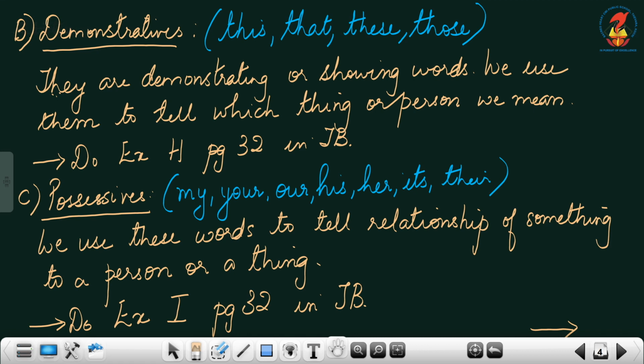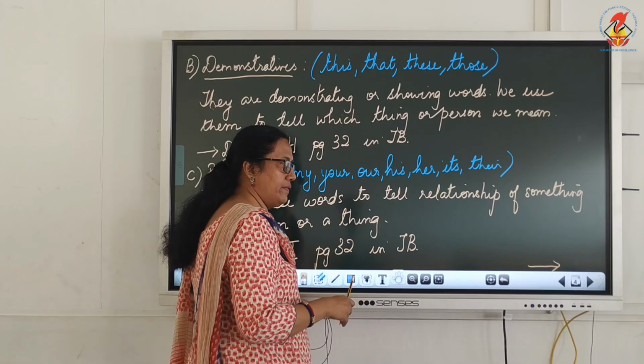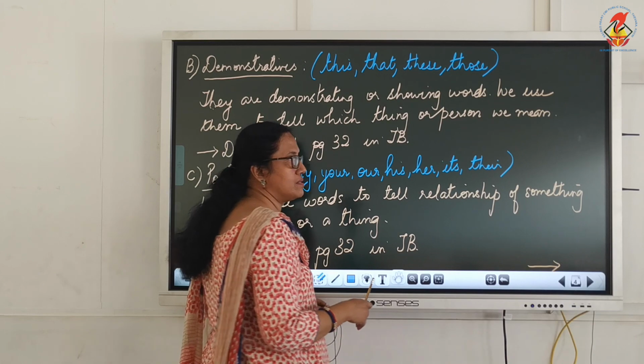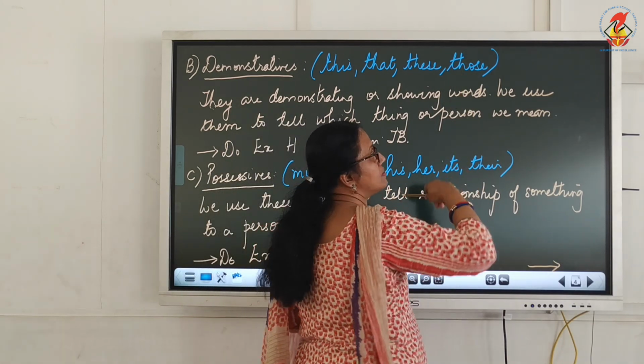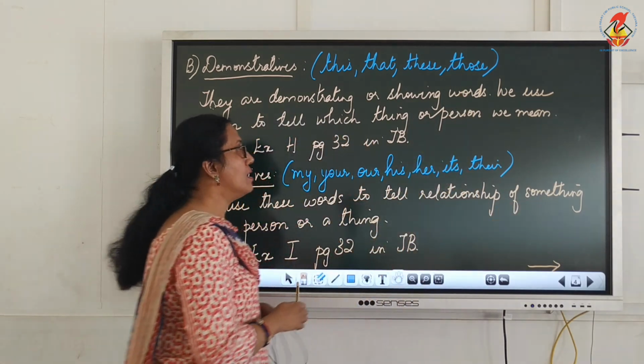So in this there is nothing much to explain. The only thing is, "this" indicates singular, for a thing or person that is close to you, and "that" is also singular, but for an object or person that is far away from you. "These" is the plural form for objects or persons close to us, and "those" is the plural form for when they are away from us.